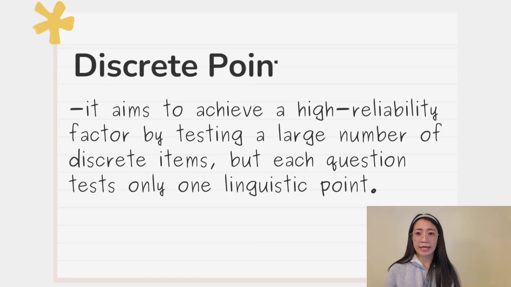Discrete point tests aim to achieve a high reliability factor by testing a large number of discrete items. Basically, it tested the knowledge of a rule or a definition of a word rather than the student's ability to use those items in a context.